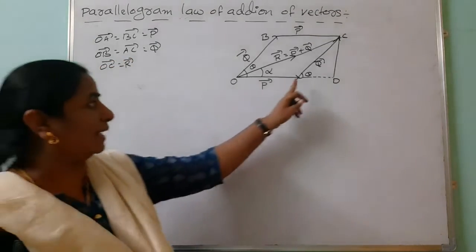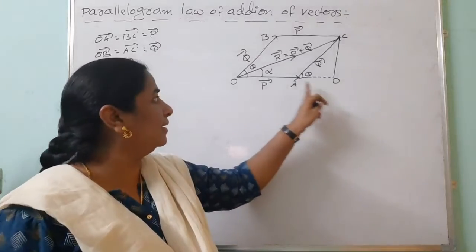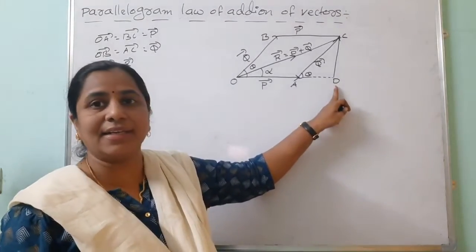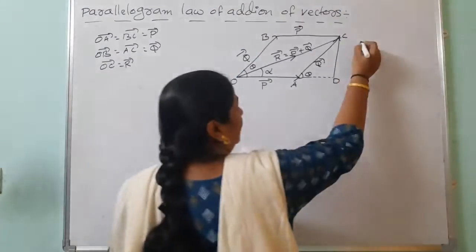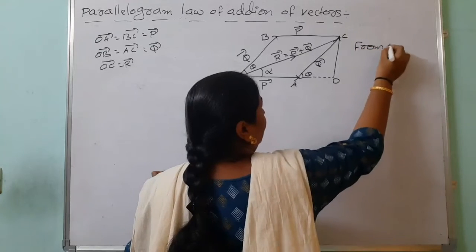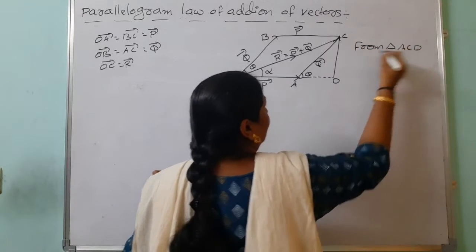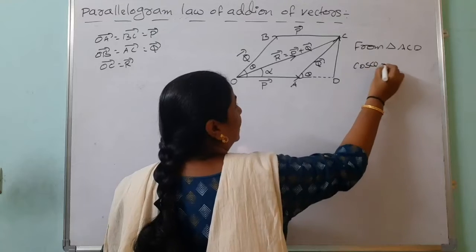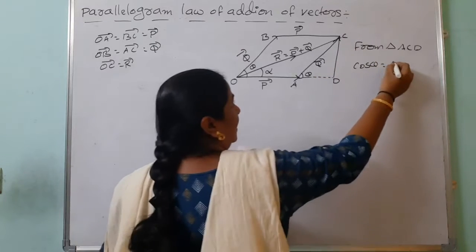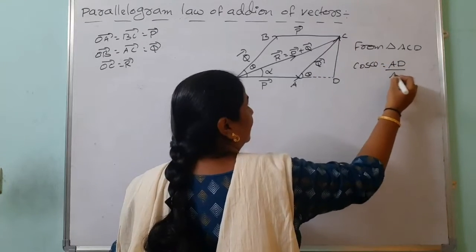With the help of the Pythagoras theorem, we can find AD. Look here, from triangle ACD, cos theta is what? Adjacent by hypotenuse, AD by AC.